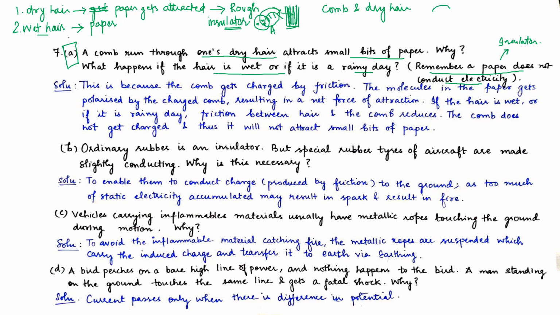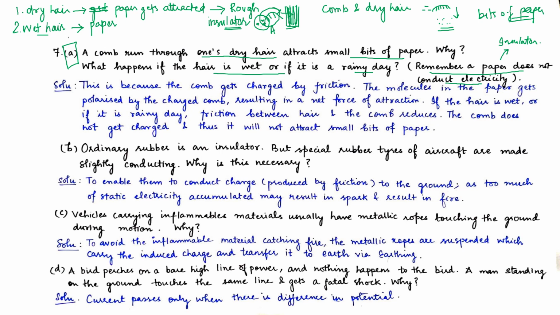Now this comb is brought near the bits of paper, and this paper gets polarized due to the charge present on the comb. The comb and the bits of paper both together will form a dipole kind of thing. It's not exactly a dipole, but one will be negative charge and another one will be positive charge.